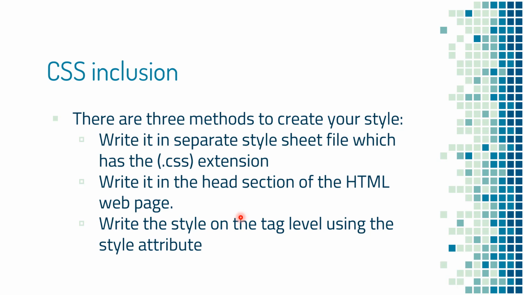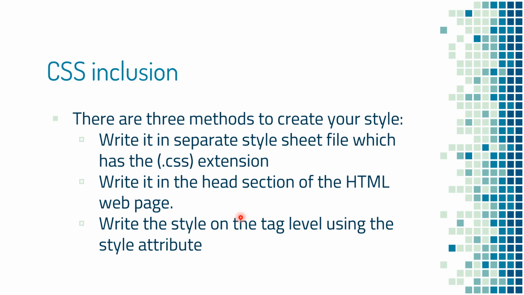One is to write it in a separate style sheet, which has the CSS extension. You create a file with any text editor, and you save it to your hard disk with the extension CSS. This is the first way of writing your style code.